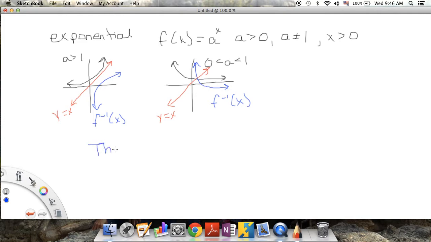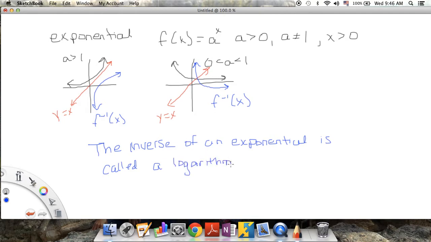So the inverse of an exponential is called a logarithmic function. Most of the time we just refer to it as a log, because it's kind of a long word.